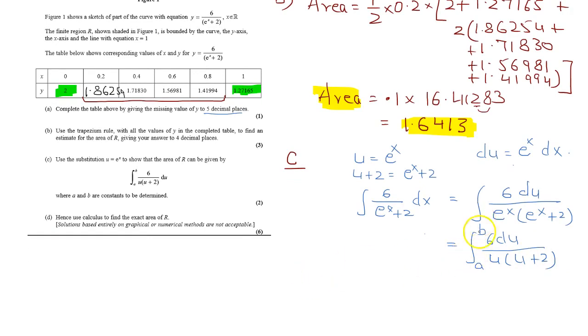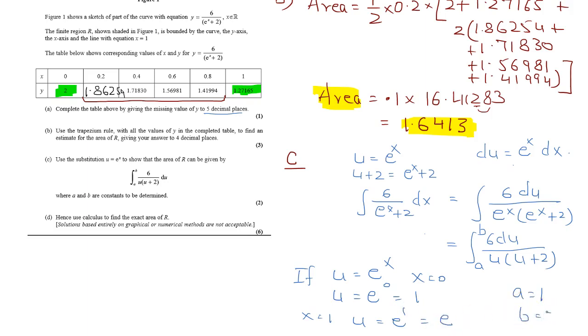You can also calculate the value of a and b. If u is equal to e to the power x and x is equal to the lower limit of x, which is 0, so u will be e to the power 0, so this is 1. So a is equal to 1. And if x is equal to 1, u is equal to e to the power 1, which is e.